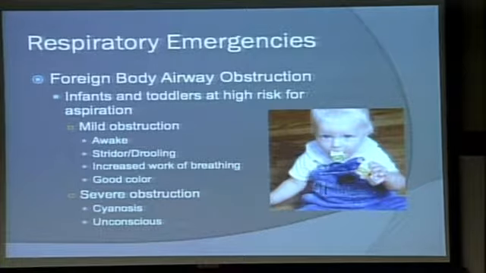The sausage wasn't immediately obvious, and the child was treated as an anaphylactic type reaction, and actually did reasonably well and did much better after Marty removed the sausage from the airway.